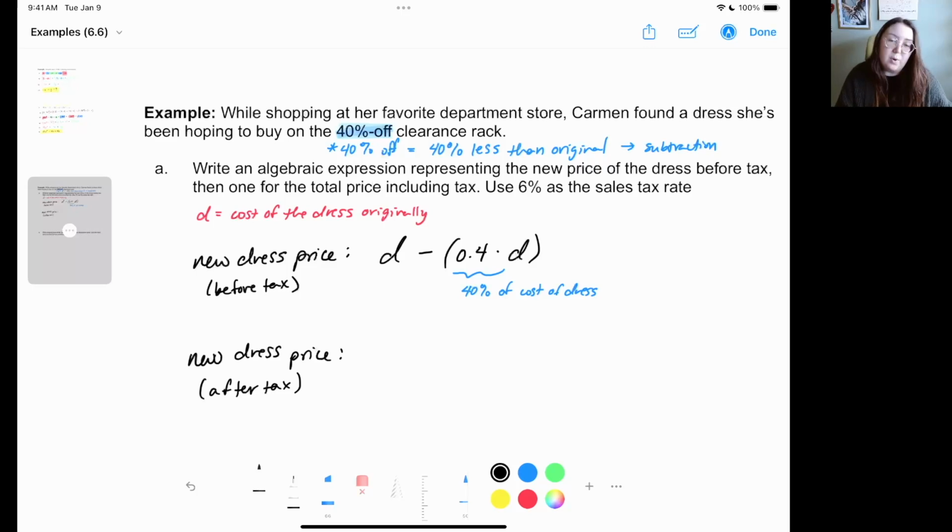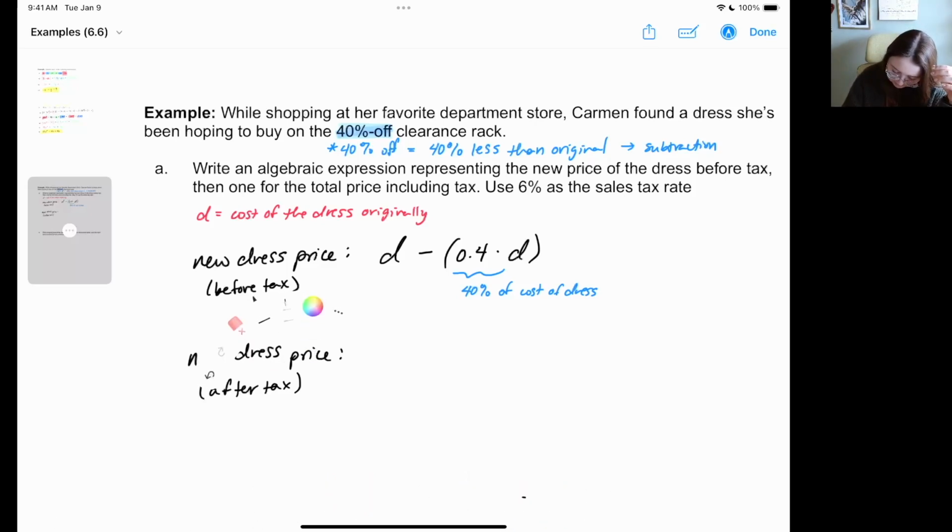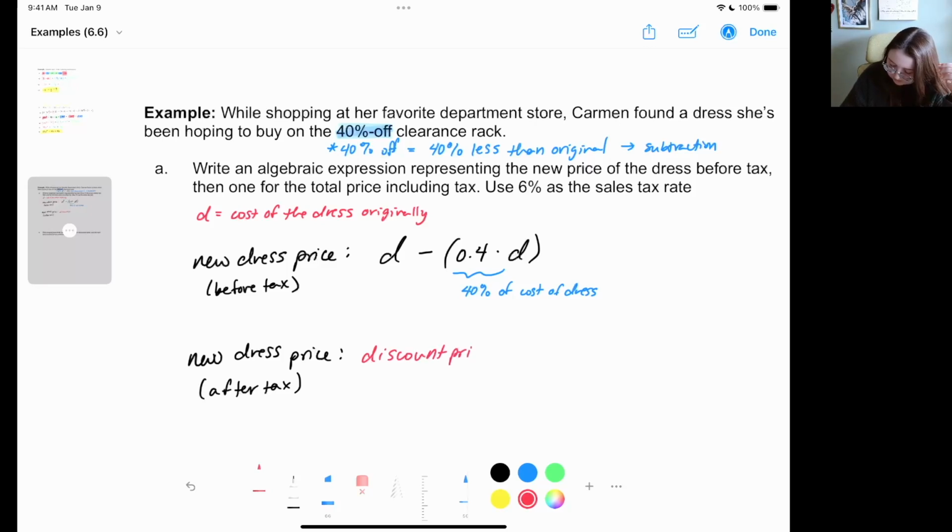All right, so our new dress price after tax is going to be the discounted price of the dress. And we can just write this out in our notes. Discount price, and then it's going to be plus tax. So it's the discount price plus tax.